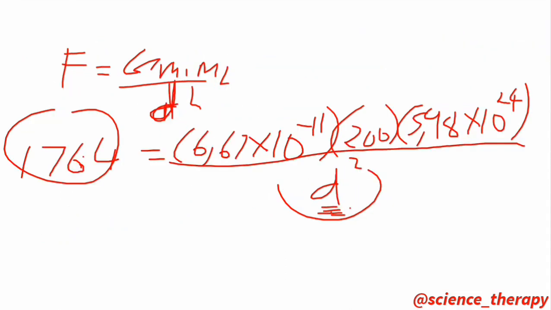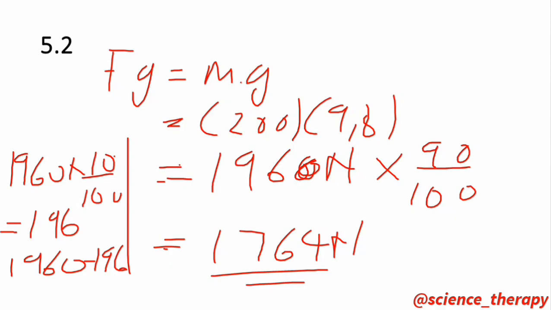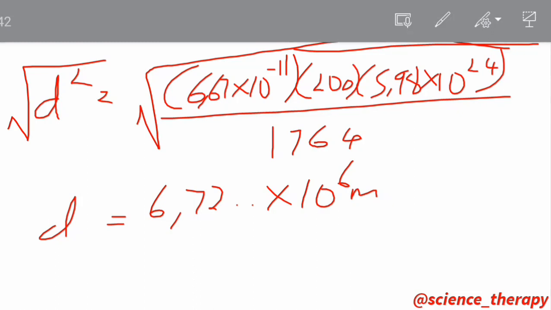Then remember now that this is interacting with the surface of the Earth, right? We have to subtract the radius of the Earth from the distance, right? So this distance, we are saying this is the distance whereby we have the radius of the Earth plus the distance of the Earth's surface and that satellite.